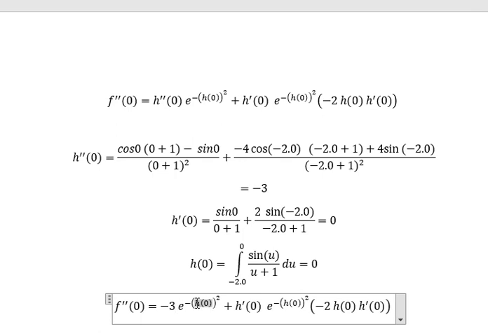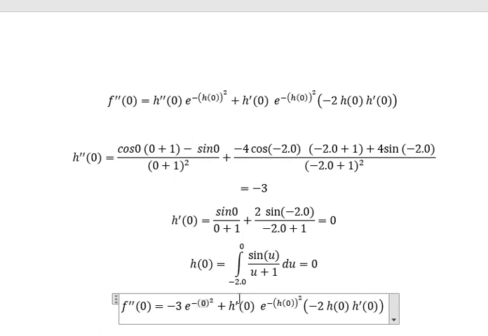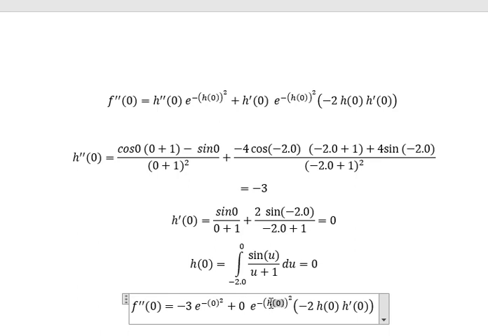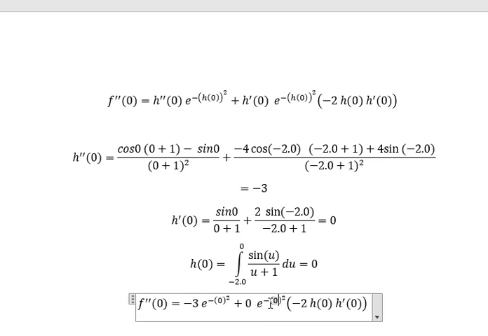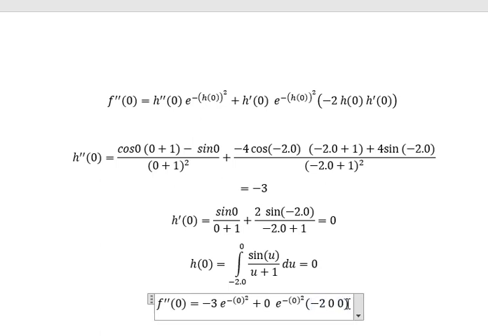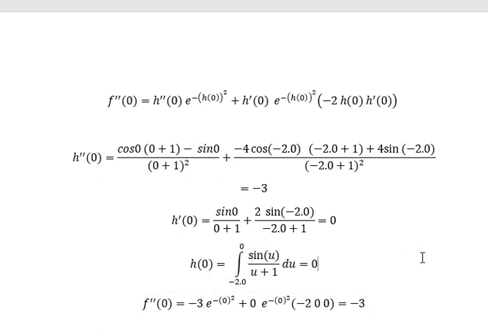This one we have number 0. This one we have number 0, 0, negative number 0, and number 0. So we have negative number 3, because e to the power of number 0 is number 1. So that's why we have only negative number 3. This is the end.